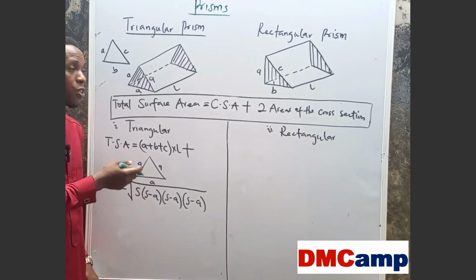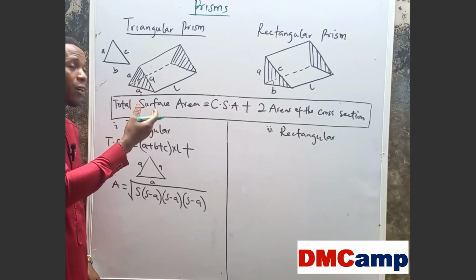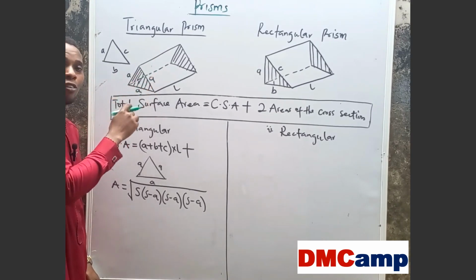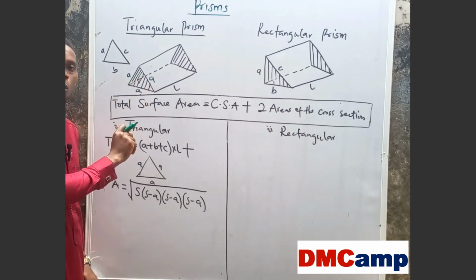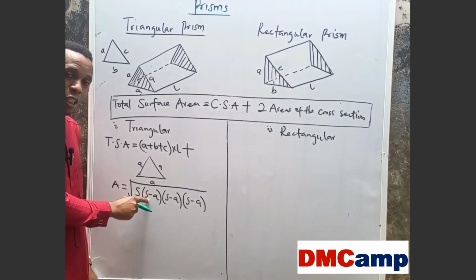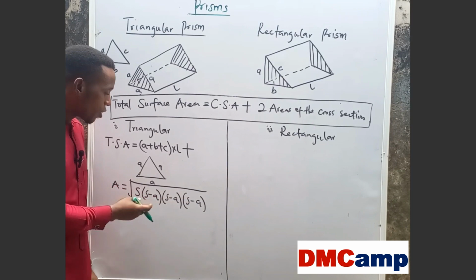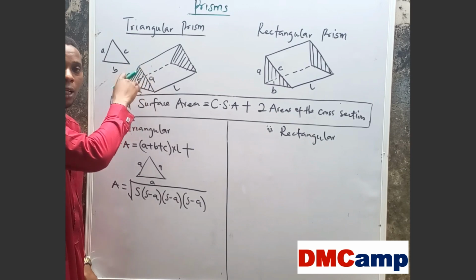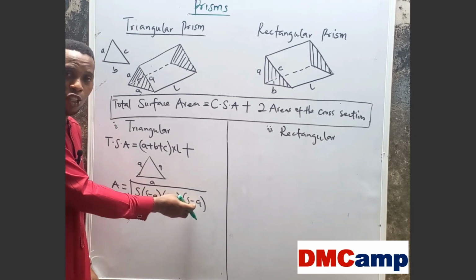Now, if you consider a scenario where you have three different sides, here A, here B, here C, let's assume that here is 6, here is 7, here is 8. We will consider the triangle as a scalene triangle. So here you are going to have S minus A, S minus B, S minus C. The reason we have all A here is because it is an equilateral triangle.